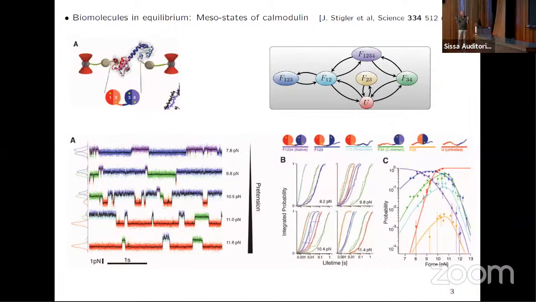By applying a pretension to this molecule and just looking at time traces, they saw these clearly distinguishable 6 states, and they were able to measure the transition rates in this network experimentally as a function of the applied force. So for any given force, it's an equilibrium problem. And I like to use this as, in my opinion, a marvelous illustration of Markovian dynamics.